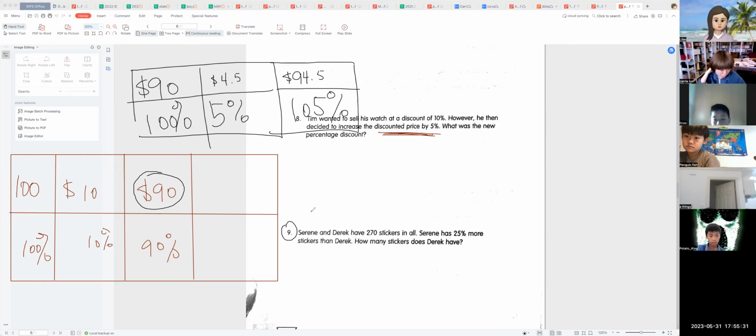Okay, Serene and Derek have 270 stickers in all. Serene has 25% more stickers than Derek. How many stickers does Derek have? Okay, everybody, this one should be easy.